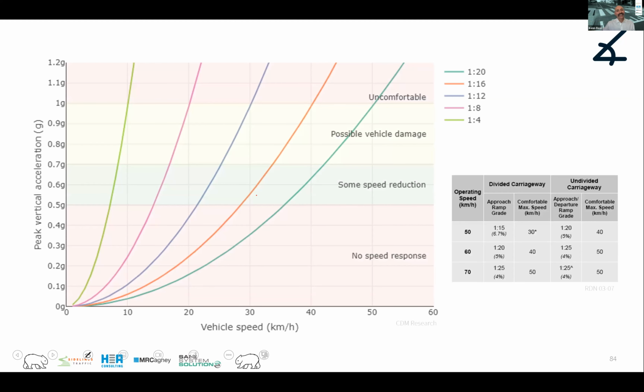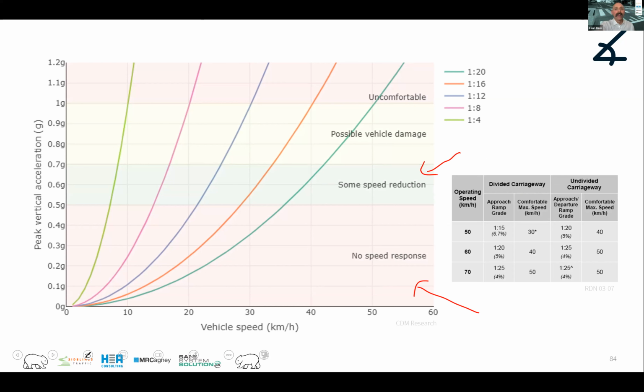Okay, so we have these ramp grades, and this chart I find extremely useful. What we're looking at down here is no speed reduction. You're not going to get speed reduction. Here is what we pretty much say we're going to get in the middle.